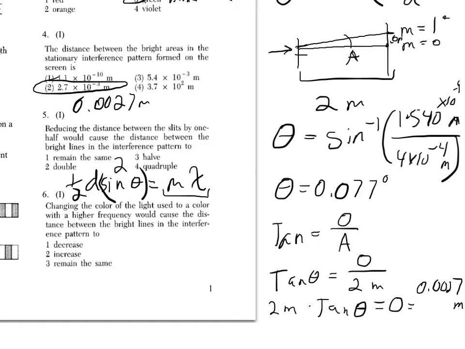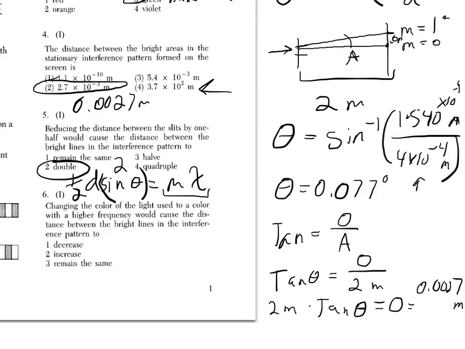You could take it intuitively from there: sine theta has to do with the distance between the bright fringes, so the distance would double. Or you could rework this problem up here, cutting your distance in 1/2, and you'll find that the number does indeed double.